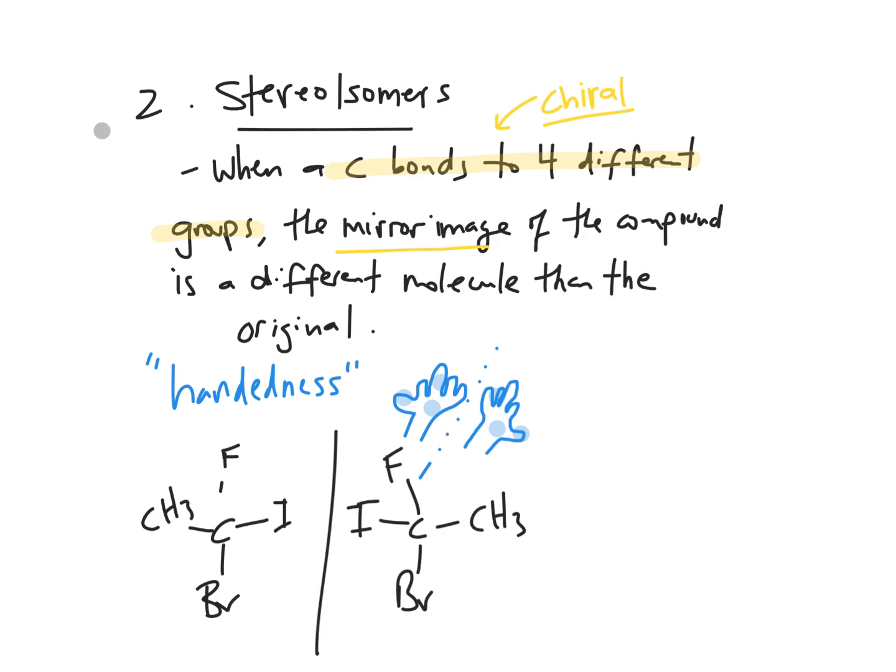What you would find if you put your eye at the position of the methyl and looked, you would see from right to left it would rotate iodine, then fluorine, then bromine, and so on. If you did the same this way, it would go fluorine, iodine, bromine, fluorine.